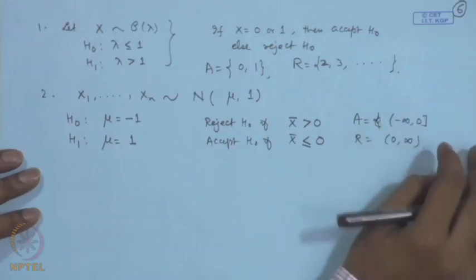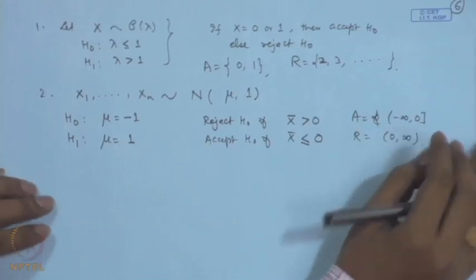Now, when we carry out a test of hypothesis, we are basically introducing a decision procedure, whether based on our sample we should accept the null hypothesis or reject the null hypothesis. Since our decision is based on the sample, there are possibilities of errors.